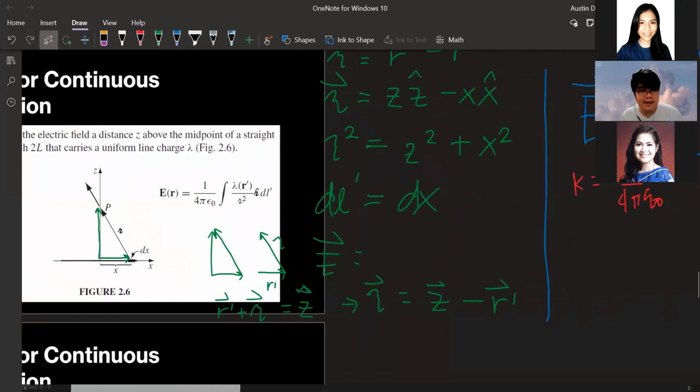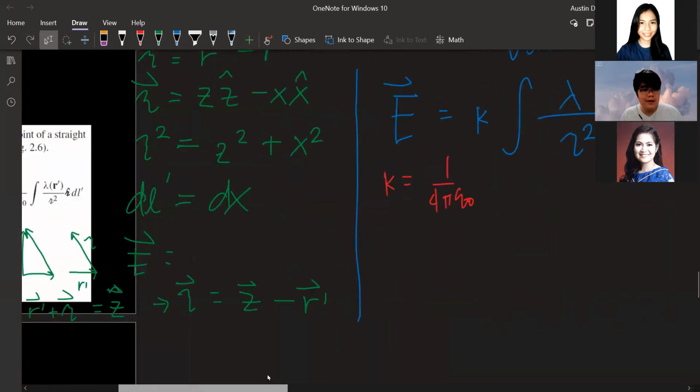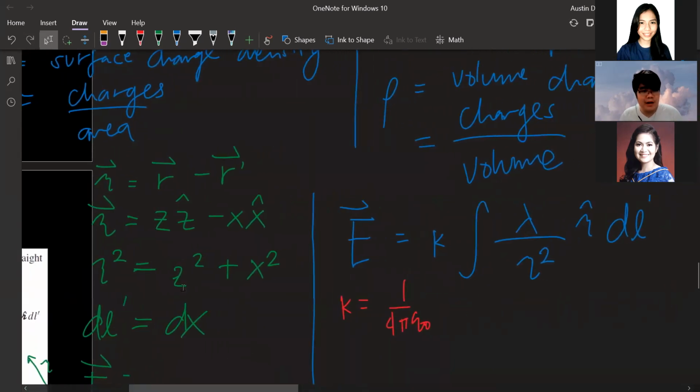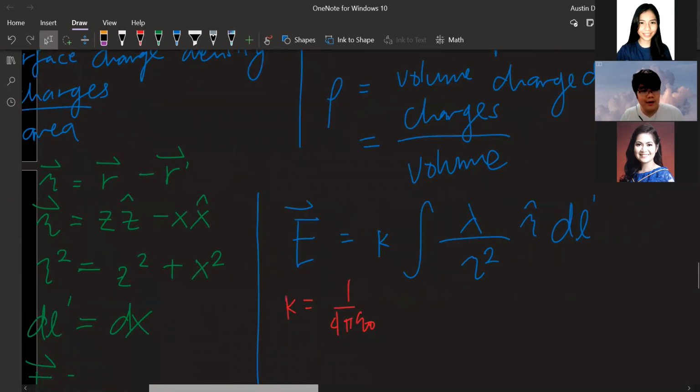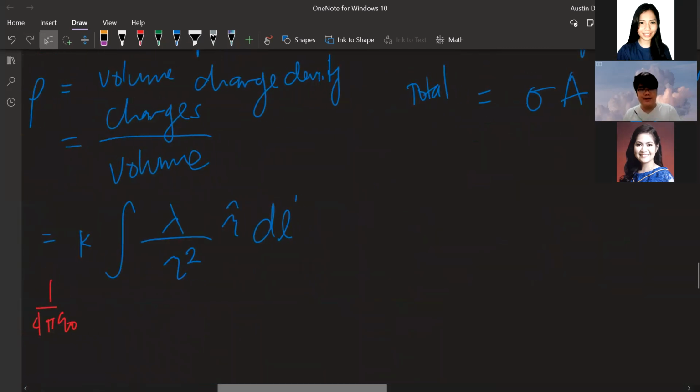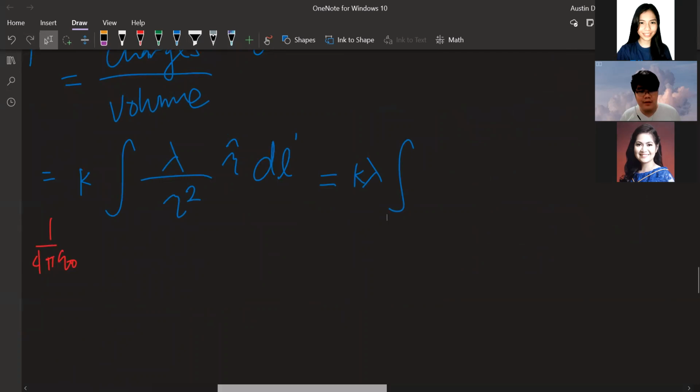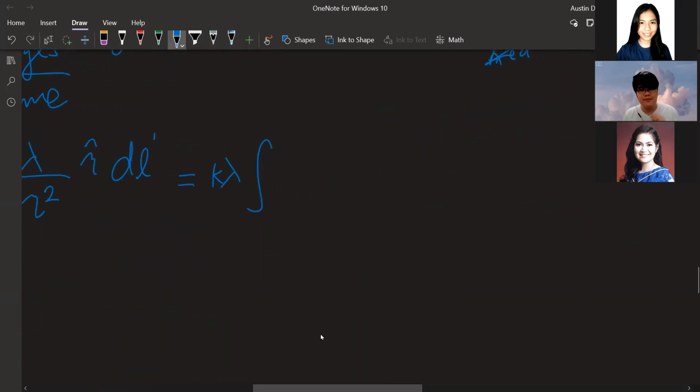Okay, so si lambda, as is lang siya dahil again, uniform line charge siya. And then we're just gonna plug things in. Okay, so si curly r squared will be z squared plus x squared. Si dl prime ko will be dx. So, K lambda, yung R hat ko will be, okay, Z squared plus X squared.